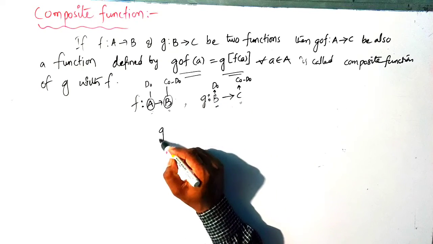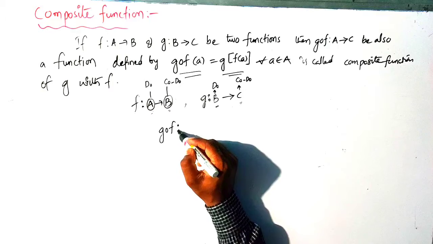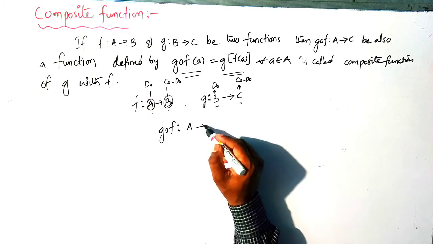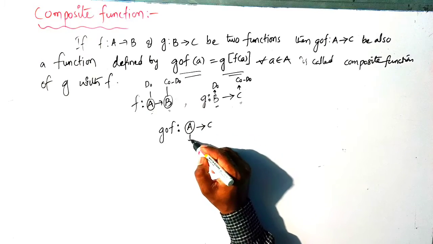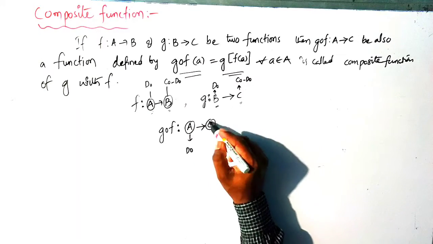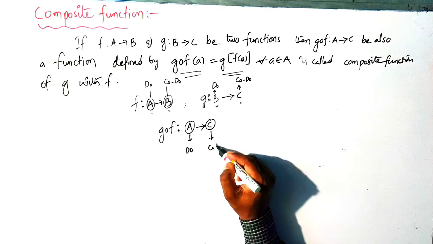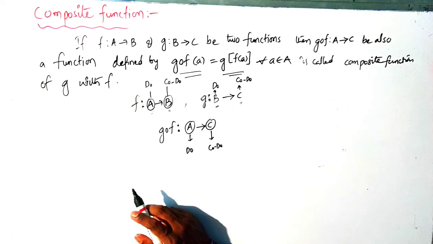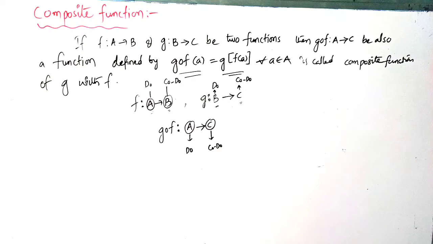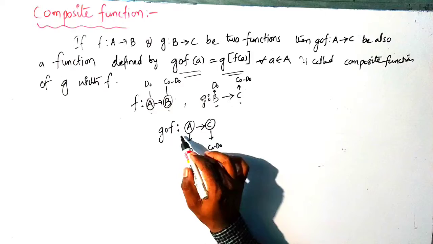So g circle f is a mapping from A to C, as we wrote here. Observe these three functions: f, g and g circle f. Now how do we write A to C?